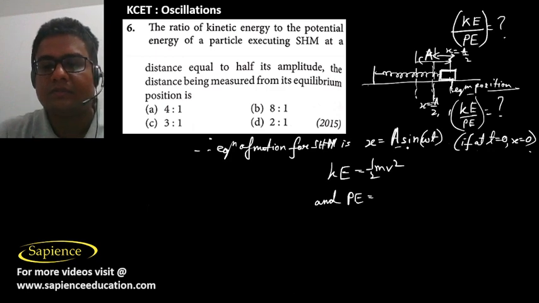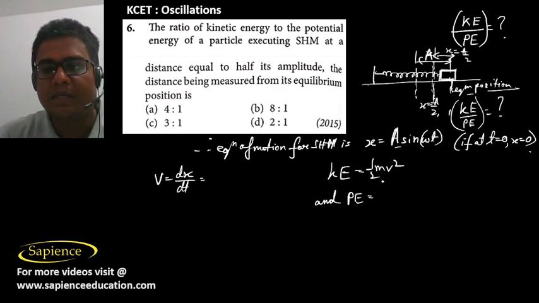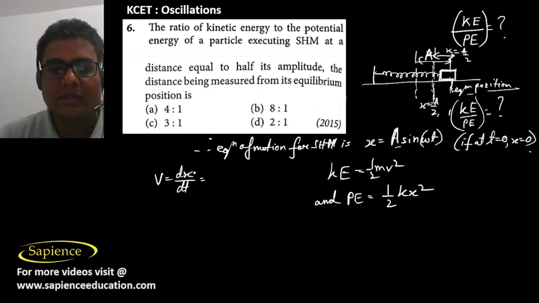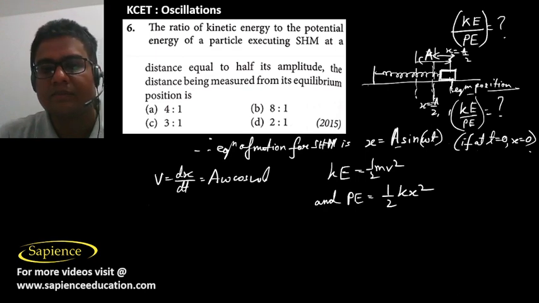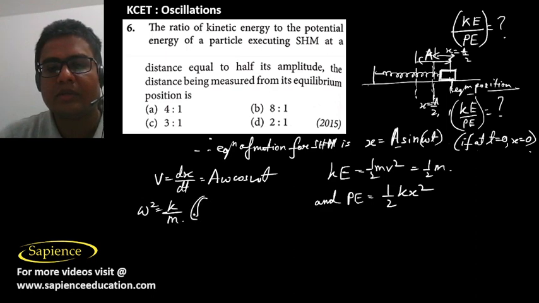So then from here we can say v is equal to dx by dt, and the spring potential energy is given as half kx square. And v equal to dx by dt, so that will be A omega cos omega t. So half mv square will be half m, and here omega square equal to k by m for spring mass system, where omega is the angular frequency of the SHM.